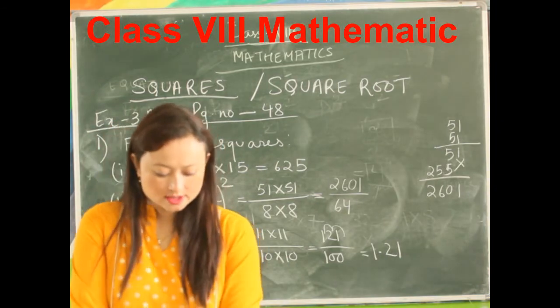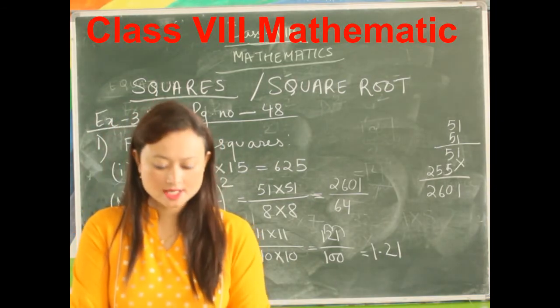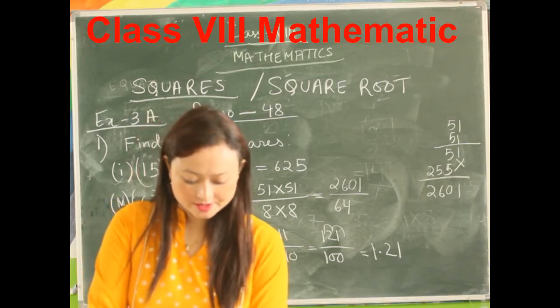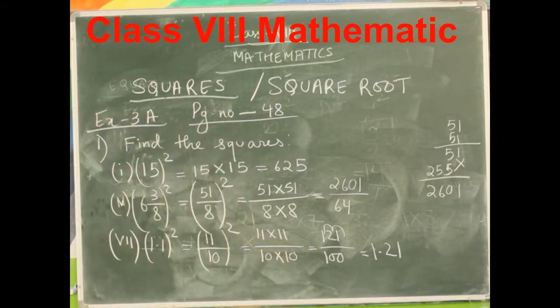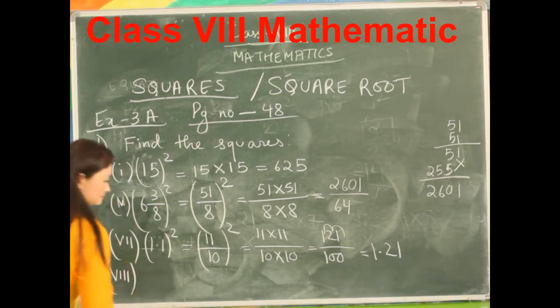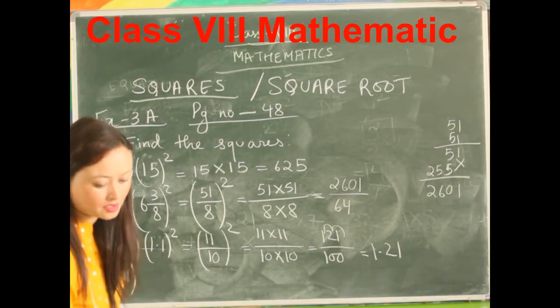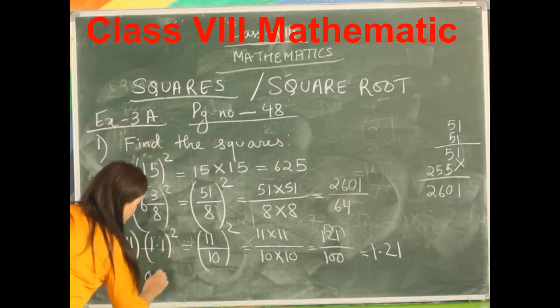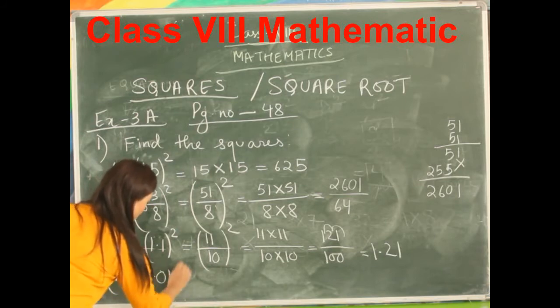Okay, and so we have different sums. And the last sum that we're going to be doing for today is number 8, which is 0.018 whole square.